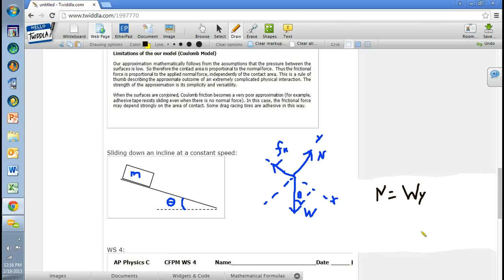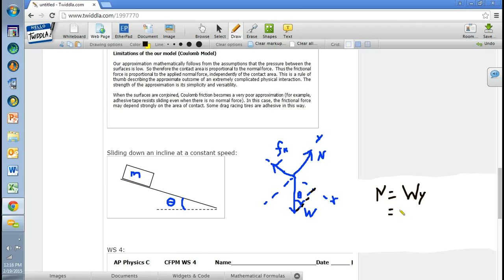Any question how I knew that? It's this side of the triangle right here. This part has to be the same length. What trig function would help me figure out how long that is? Yeah, it's cosine, right?